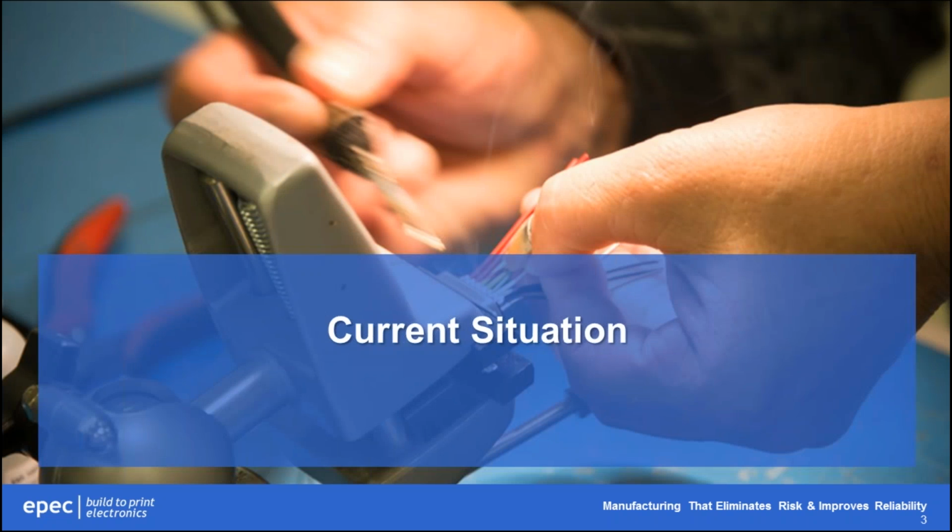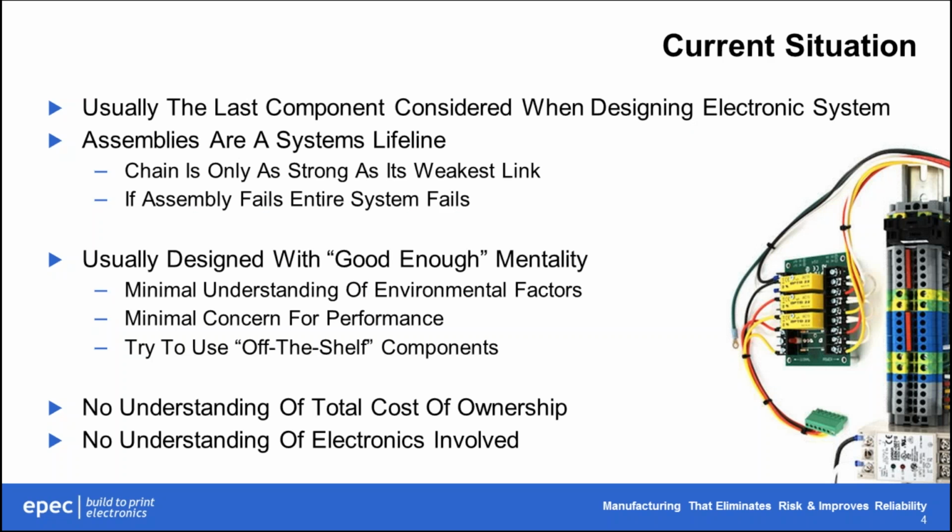Let's take a look at the current situation. Cable assemblies, unfortunately, are usually the last component to be designed when someone is looking at any electronic system or any type of interface. Yet the assembly is truly the system's lifeline. Like any chain, a system is only as good as its weakest link.